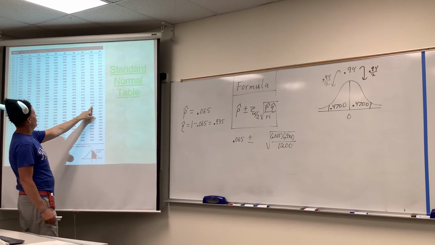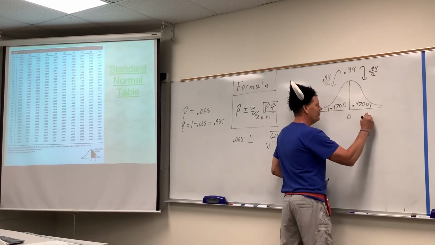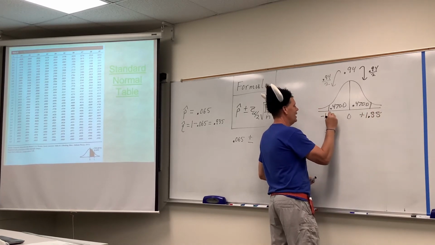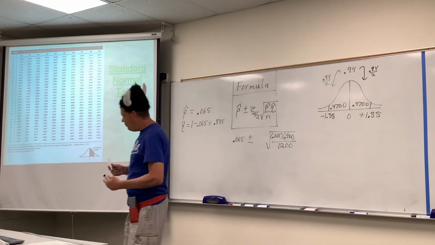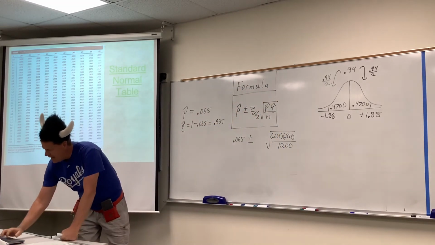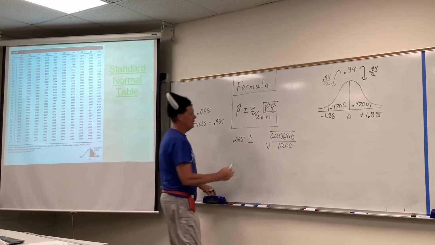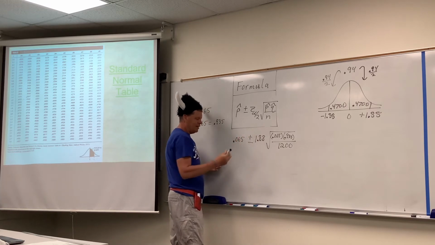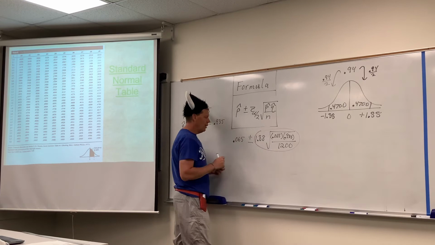Looks like that's 1.88. Obviously, I would think you'd have one in front of you, since it's very difficult to see that on the video. We've been practicing that quite a bit. So the 1.88 goes in for z, and keep in mind that the plus and minus is baked into this. So that's our margin of error.